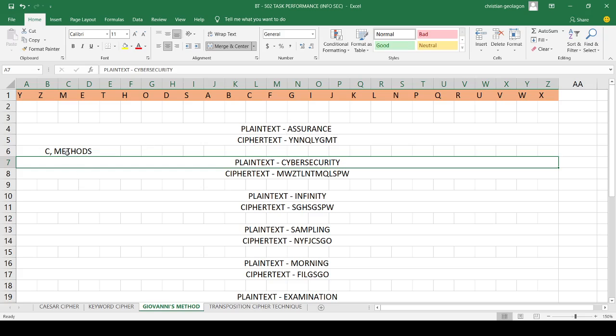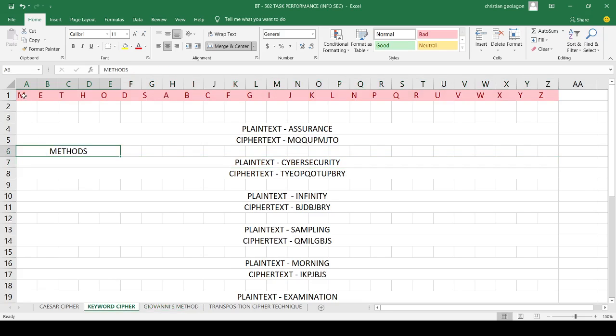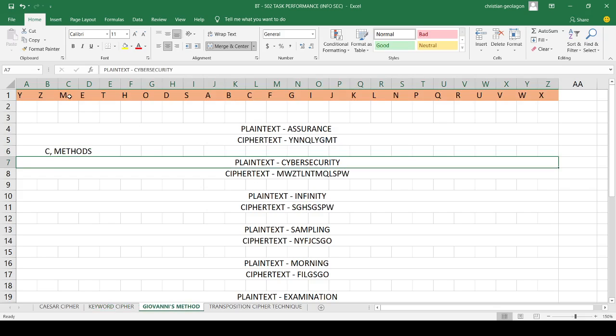In the keyword cipher, we put the keyword at the beginning, starting with letter A. In Giovanni's method, we put the keyword starting at letter C. This is the indication of where we start the keyword. Again, you put the letters A to Z, but if a letter is already in the keyword, don't put it again.